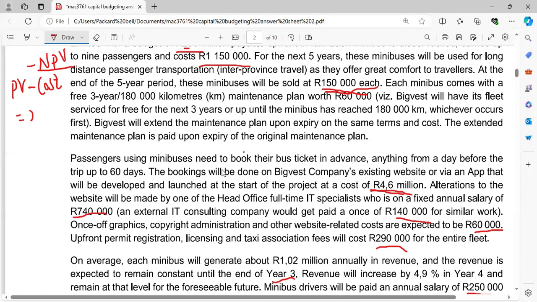Then they also say once-off graphics, copyrights, administration, and other website-related costs are expected to be 60,000. Upfront permit registration, licensing, and association fee will cost 290 for the entire fleet. This is going to be what? Capital expenditure or what? Yeah, they are capital expenditure as well.